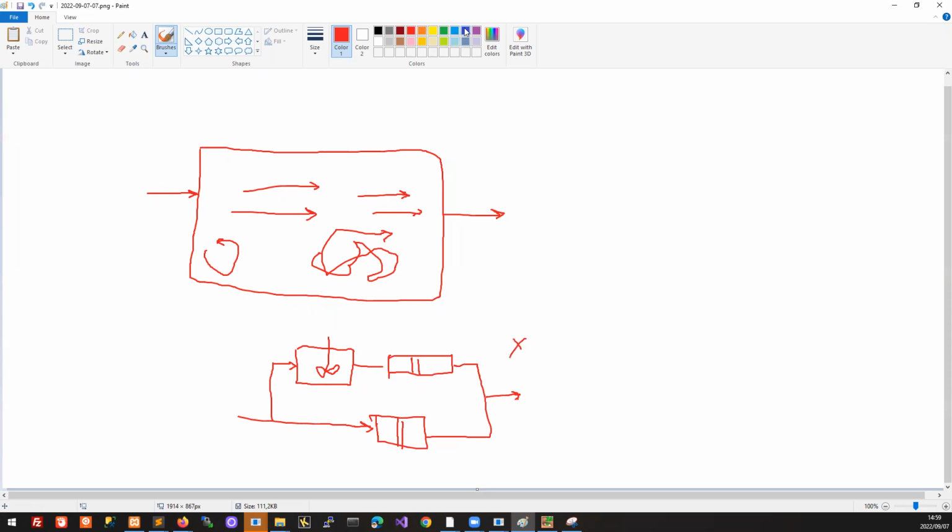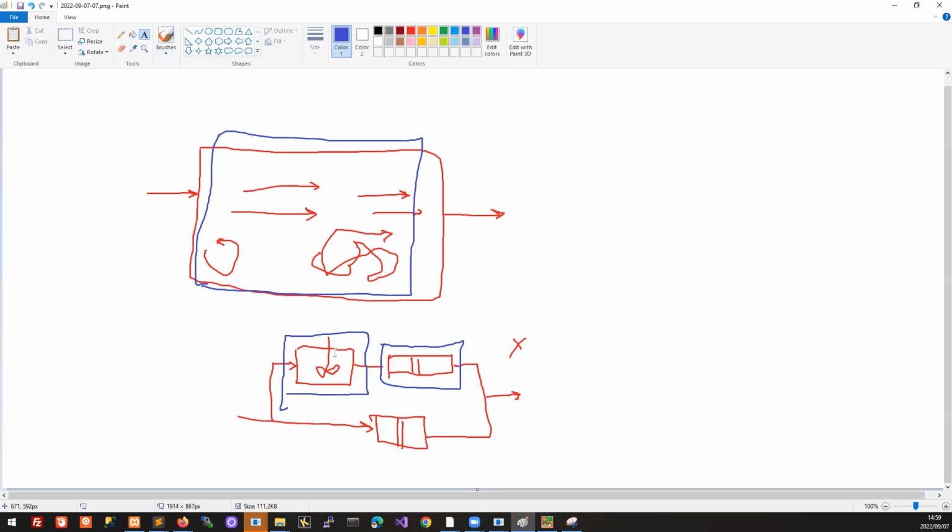So the difficulty with working with a case like this is that we don't have a clear model to work with. In this case, we don't know what to do at all. We don't know how to write the balance in this case. But in this case, we know how to write a balance on a CSTR or on a PFR. So the only thing that is unknown here are these volumes.